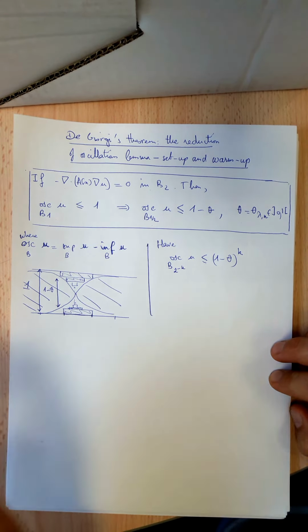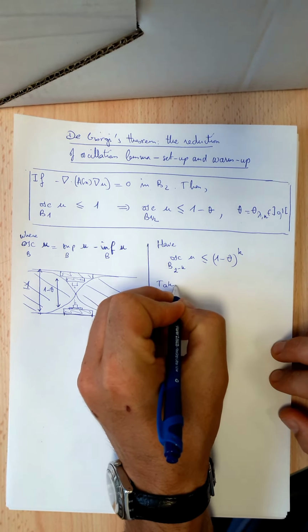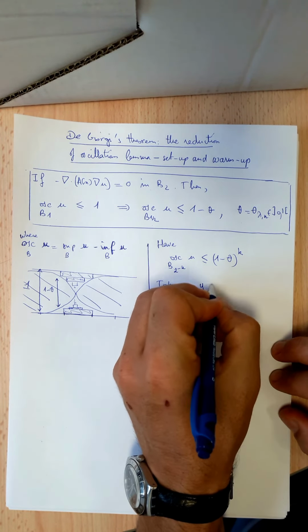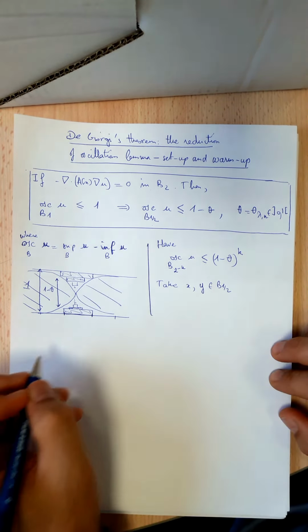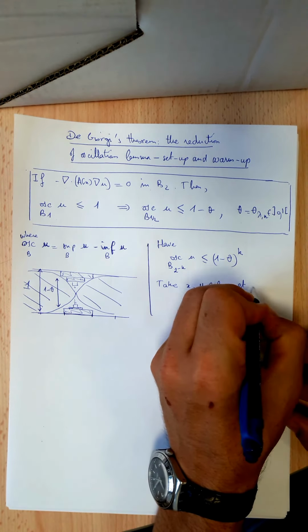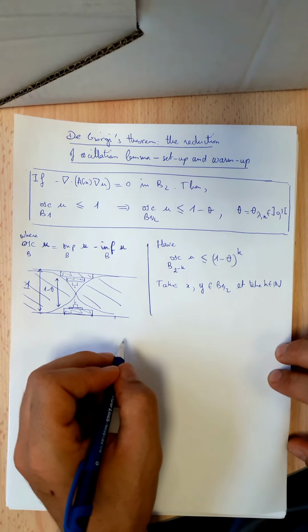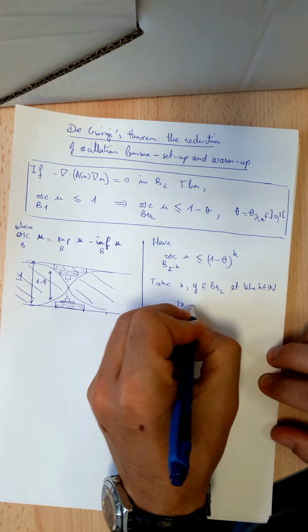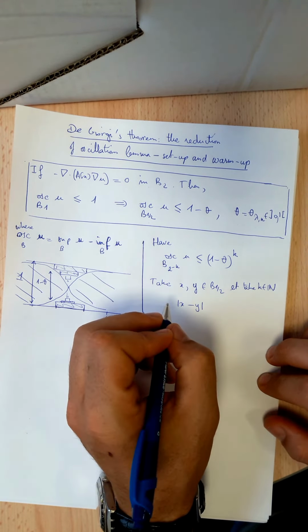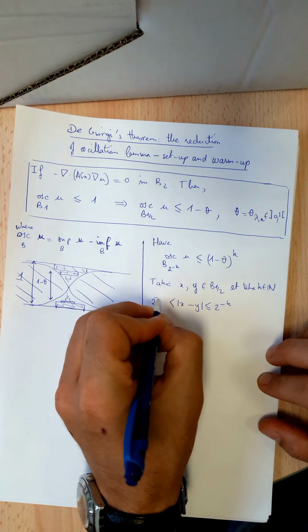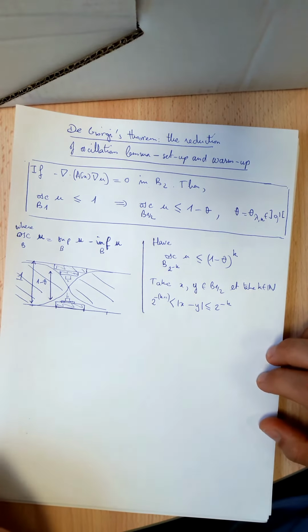Okay, now let me take 2 points, x and y, which belong to the ball of size 1/2. Okay, and then we can take an integer k such that the distance between x and y is going to be less than 2 to the minus k, and so it's going to be bigger than 2 to the minus k minus 1.